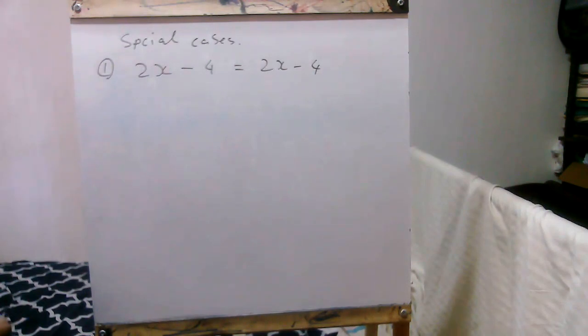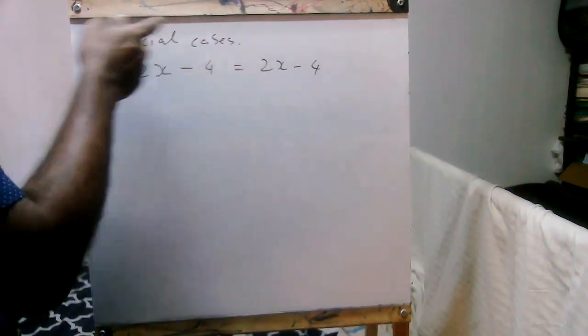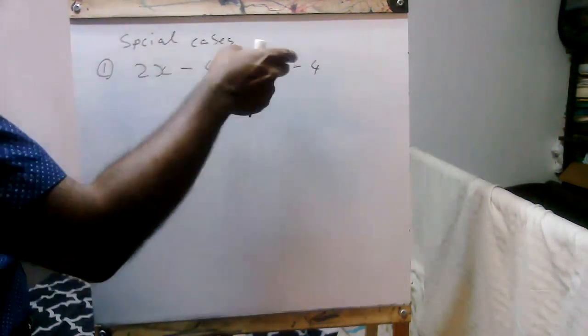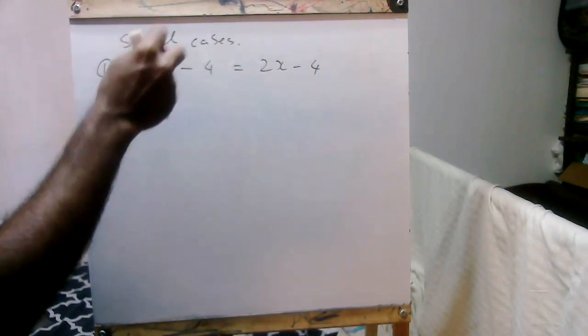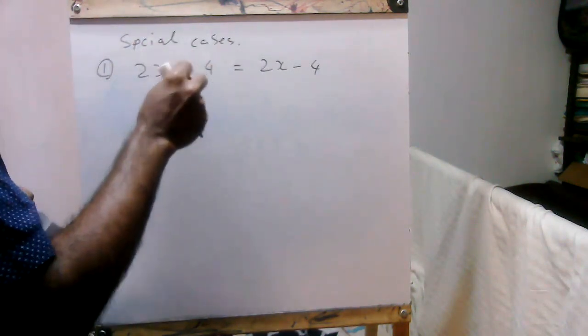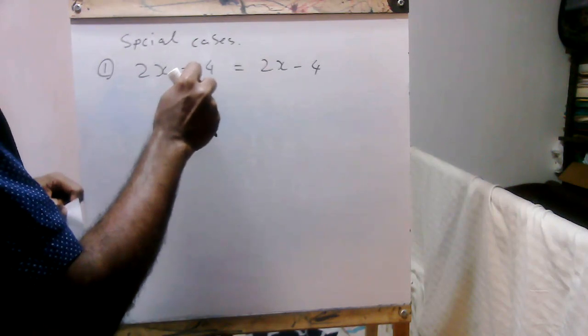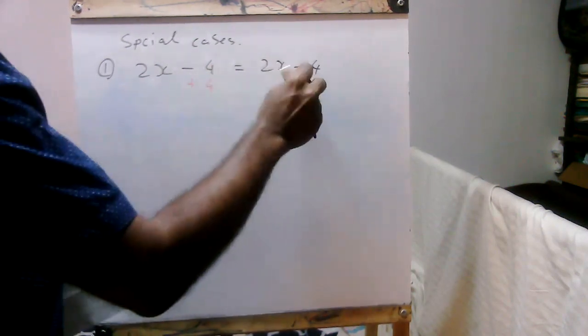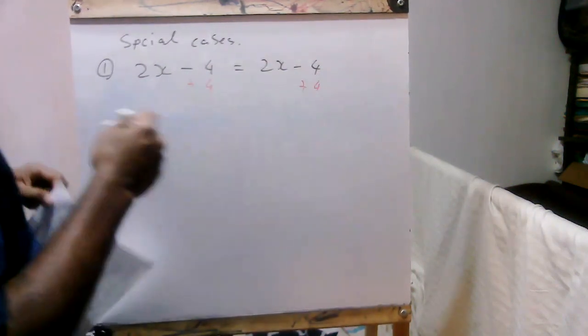Now in this case, if you do the same thing to move x's to the left and numbers to the right, what we've got to do is plus 4.